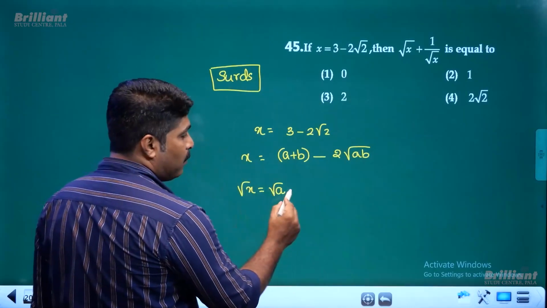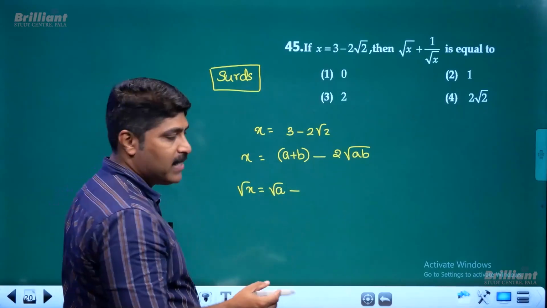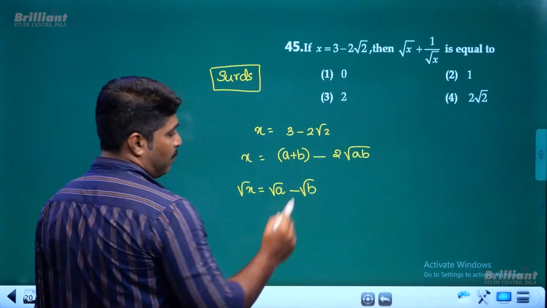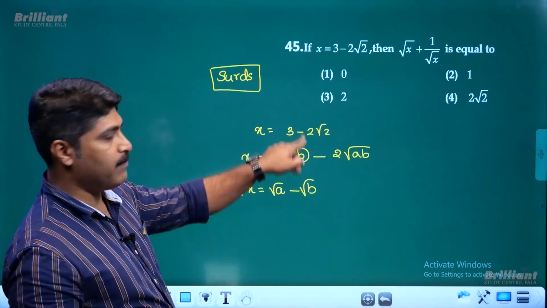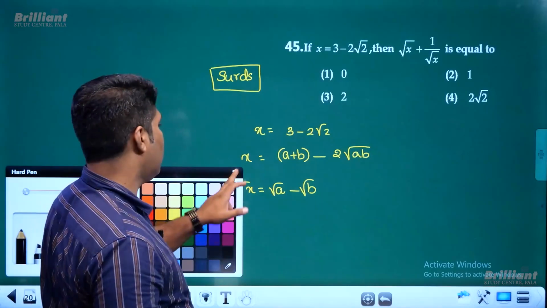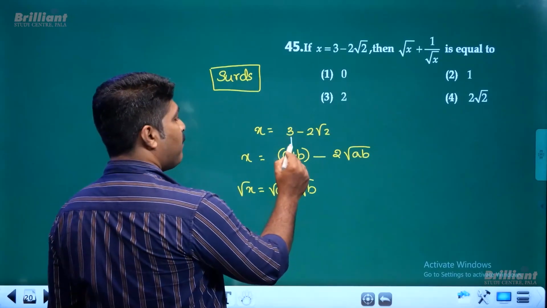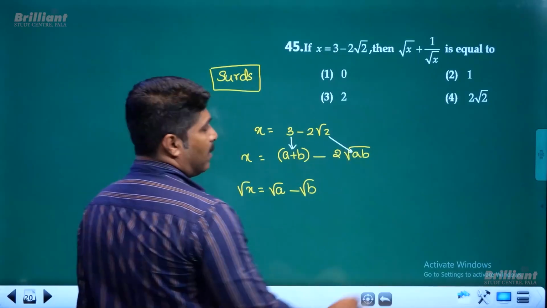So take root a minus root b, because the middle sign is minus. So what do you want to do? You just simply think about these two expressions. Just because of the presence of 2, you have to compare the values here. This 3 is a plus b and 2 is ab. Correct.